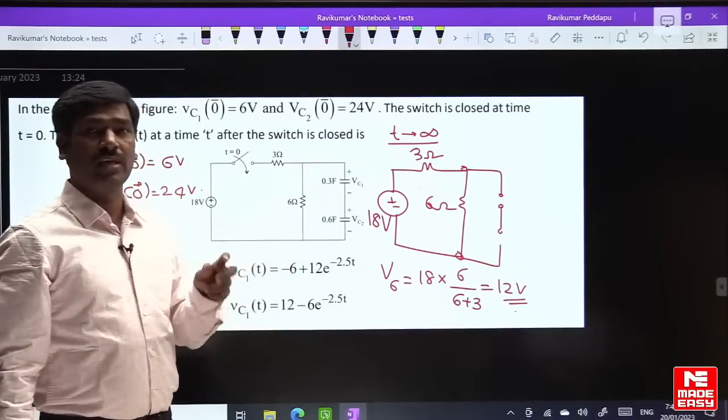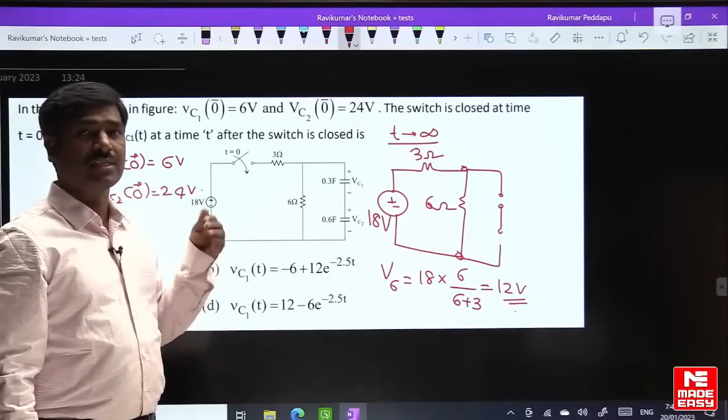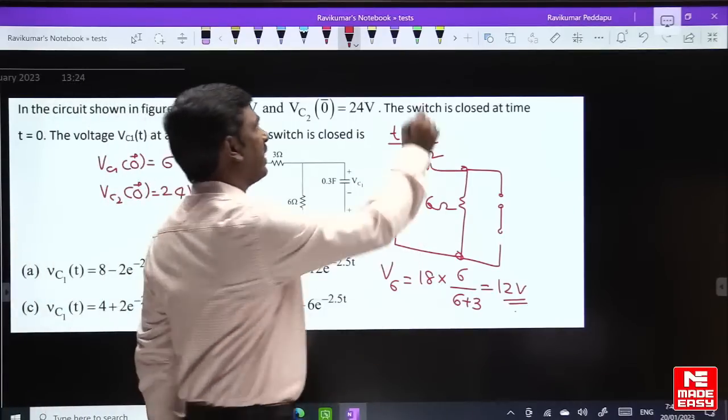Because initial voltages are there. Whenever two capacitors are connected in series, how do we find Vc1 of infinity? Just look carefully here.